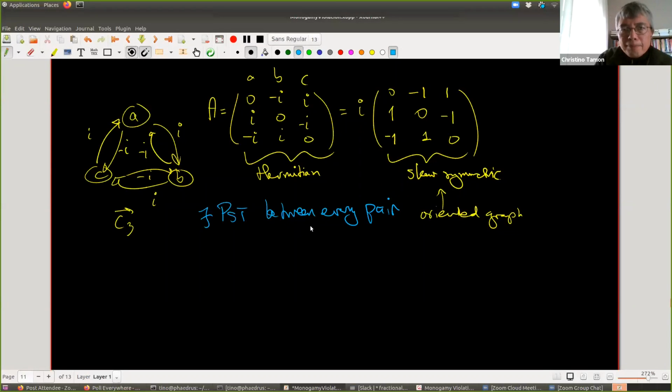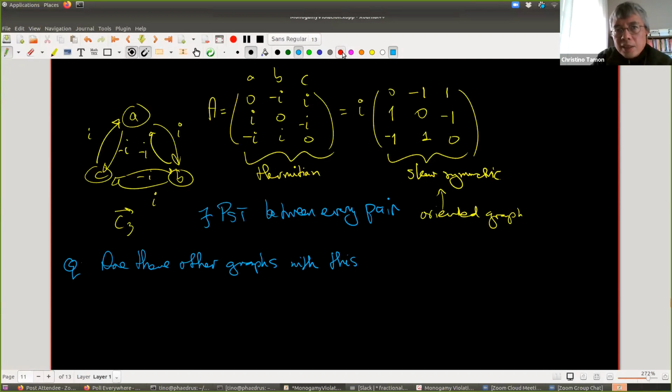Right? So the question now is, can we generalize this to larger graphs? So are there other graphs with the same property? Yes.